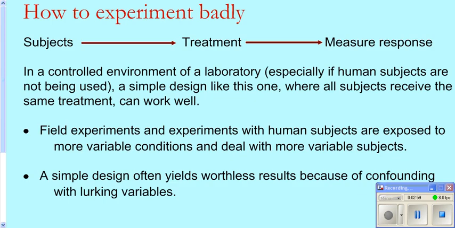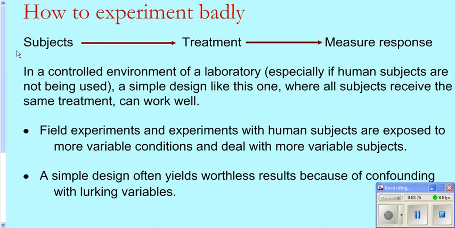Now, you might think, well, we identify our subjects, we impose our treatment, and we measure our response. Well, if you're in a laboratory setting, that often works okay. But a very simple design like this often falls short because when you're dealing with human beings, you can't just necessarily lock a human being up in a lab and do an experiment on them.